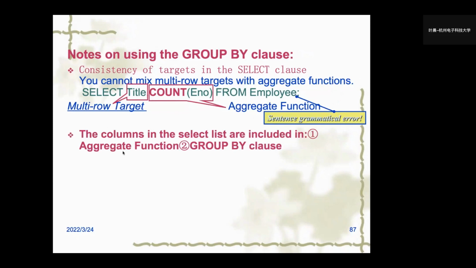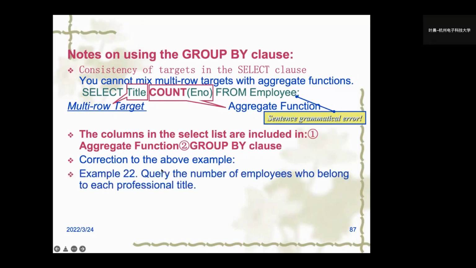So the columns in the select list must be included in the aggregate function or the GROUP BY clause. Since it is not allowed, we can correct it to the right query like this.